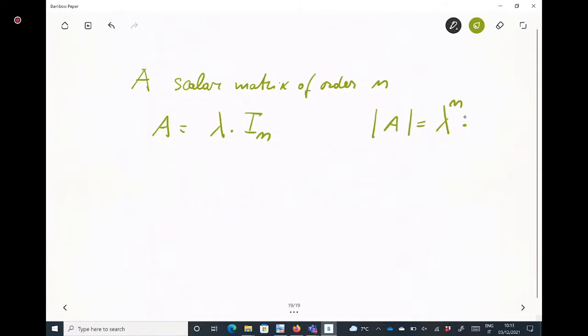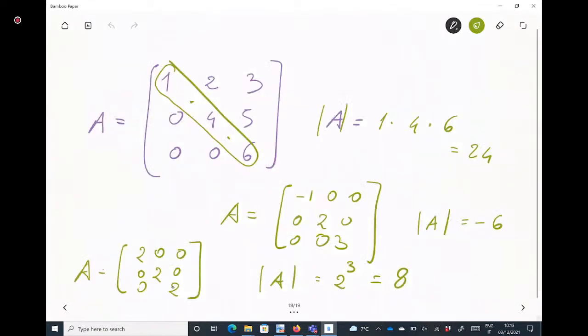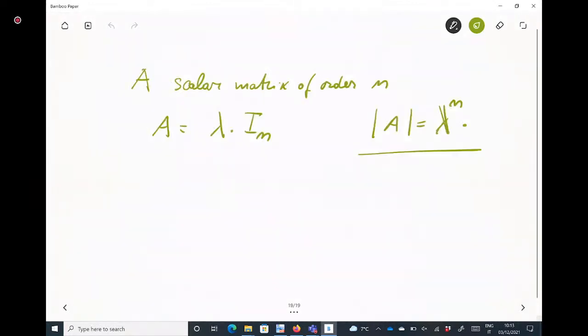Okay, so this is the determinant of our matrix. In this case, it was 2 to the power of 3, because this is a scalar matrix of order 3. Clear? Very simple cases that are, however, very useful.